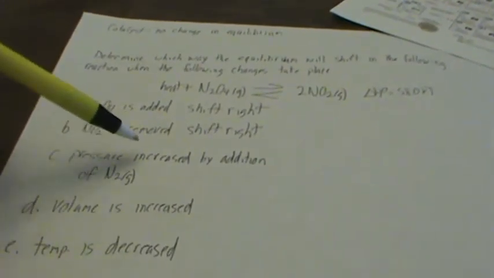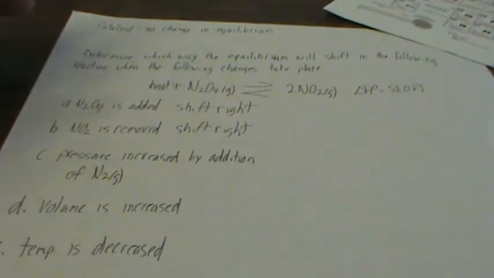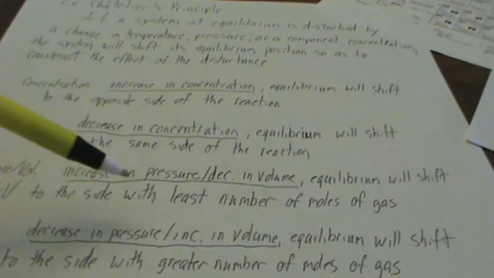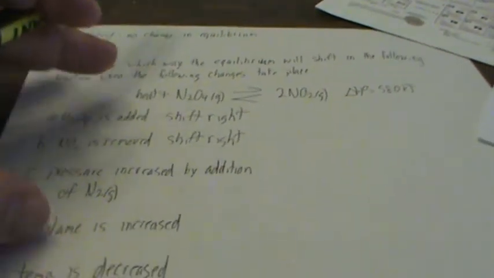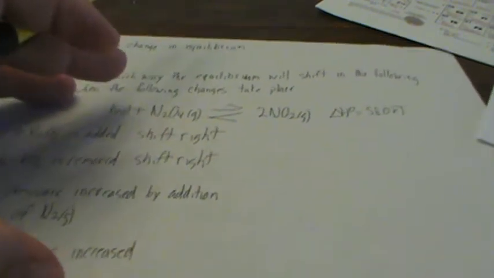Now C, pressure increased by addition of N2. Okay, well, we have an increase in pressure, and if we look back here, an increase in pressure, equilibrium will shift to the side with the least number of moles of gas. But if we also look at the other part of this problem, by addition of N2, we don't have N2 up in the reaction.